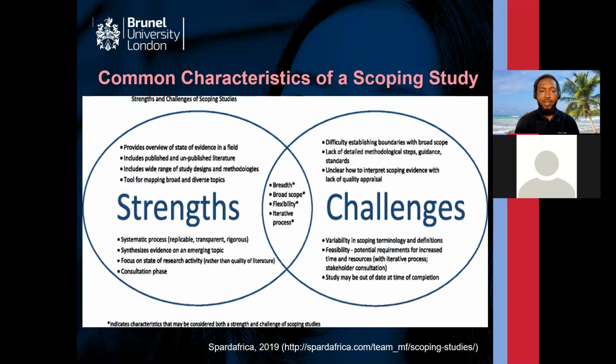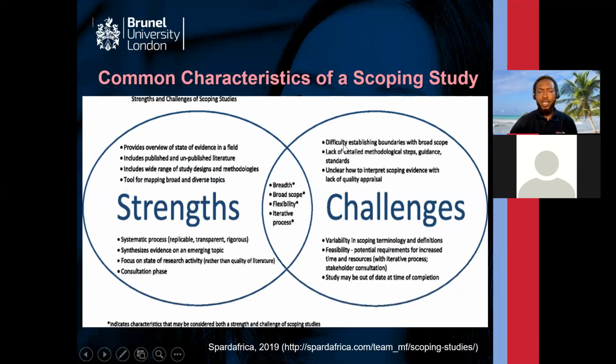Then it synthesizes evidence on an emerging topic that is still new, still rare, and hasn't gotten much interest or information. So it focuses on the state of research activities rather than the quality of literature, like I mentioned earlier. Then it also involves a consultation phase.